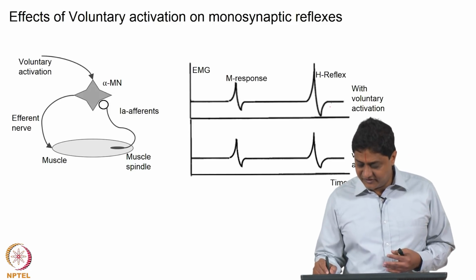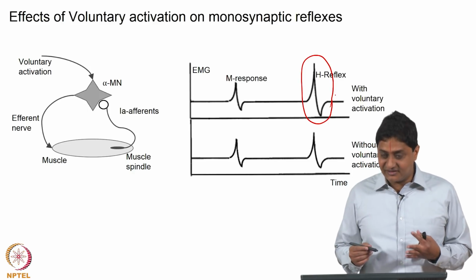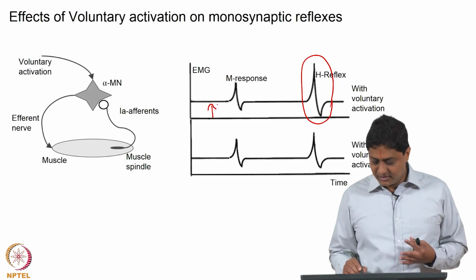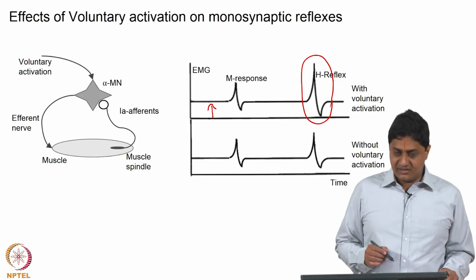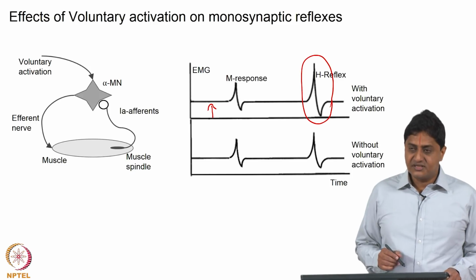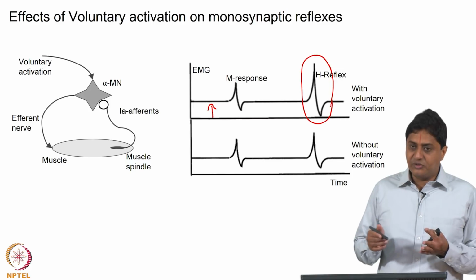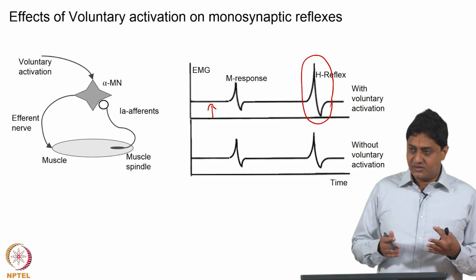This is the H reflex response. We said this is actually an EMG, this is muscle activity, and the stimulus is applied approximately here, is it not? So, the stimulus is applied here. Keep increasing the stimulus amplitude. What happens is, as I keep increasing the stimulus amplitude, more and more 1A afferents start getting recruited, right.